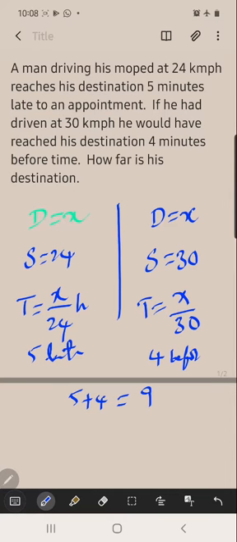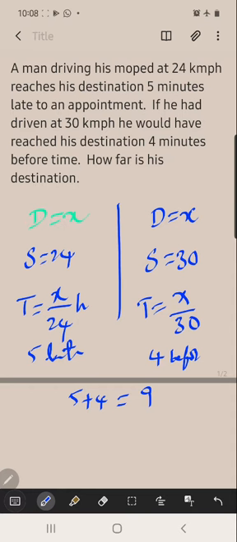Why are we adding? You see, in the previous problem both are late only, 11 minutes late and 5 minutes late, both are late. So directly we can subtract it. But here you see, one is late, another one is before, they said.